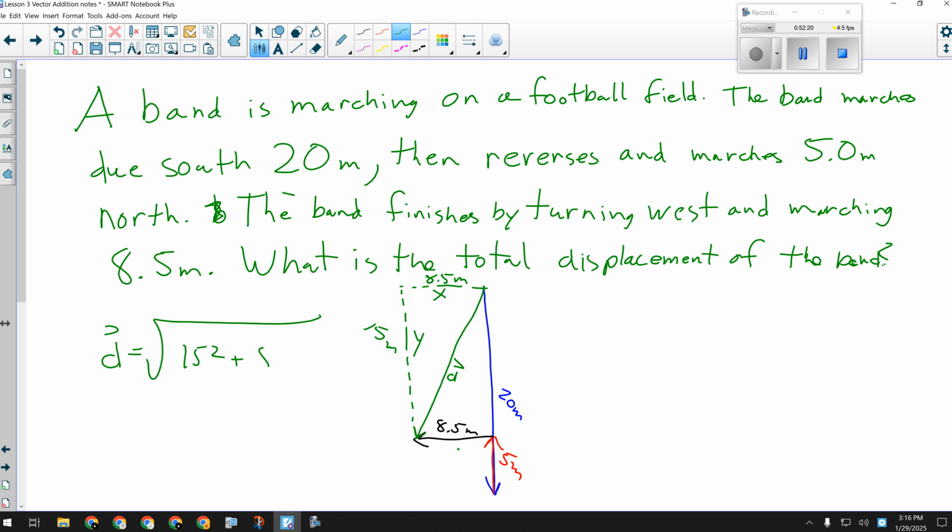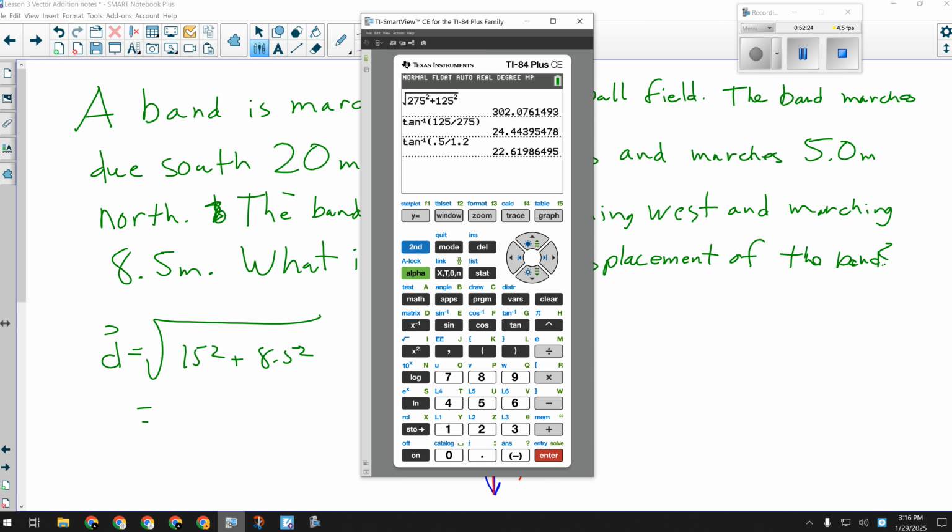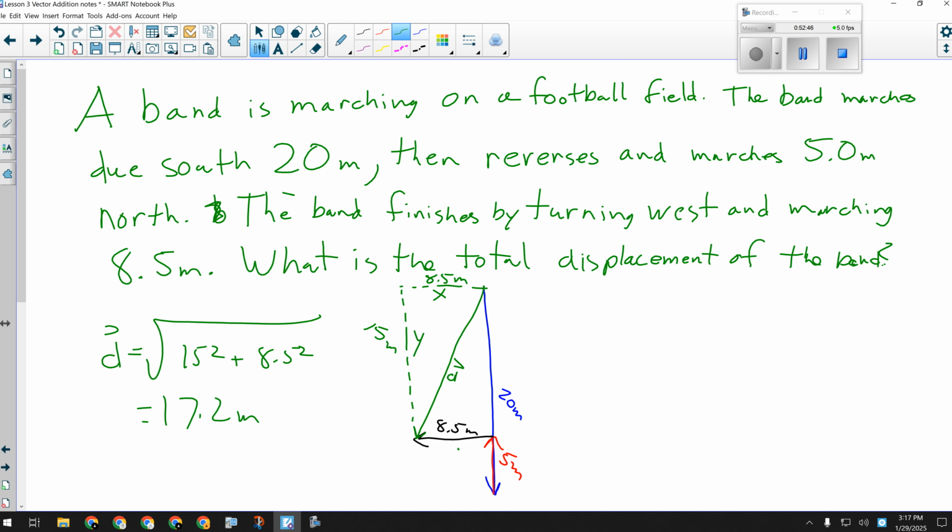Now that I know those two sides, I have to do the Pythagorean theorem. 15 squared plus 8.5 squared. So we're looking at 17.2 meters, and then we have to get the angle, so that's trig.